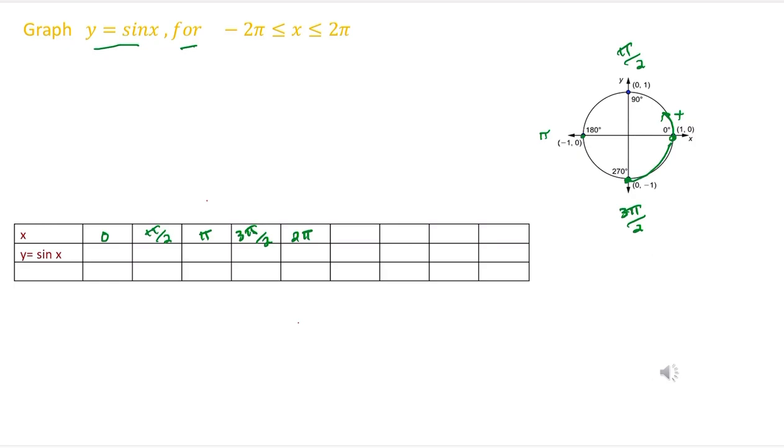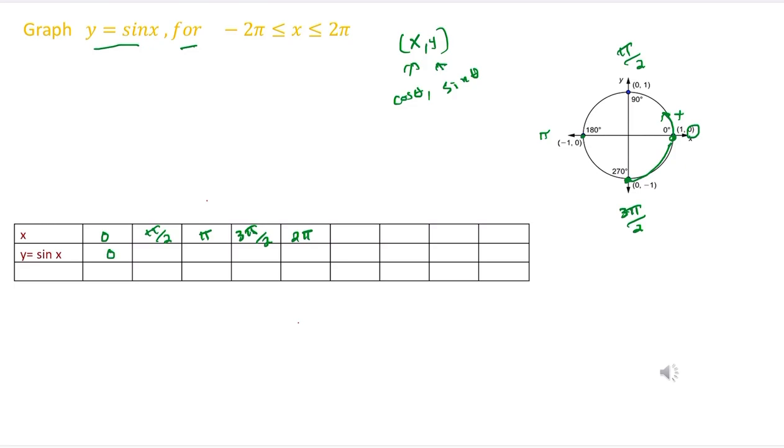Now let's find out the sine values. Remember that on the unit circle we have x, y. So the x is the cosine, and y is really the sine of the angle. For example, the sine of 0 is simply 0.